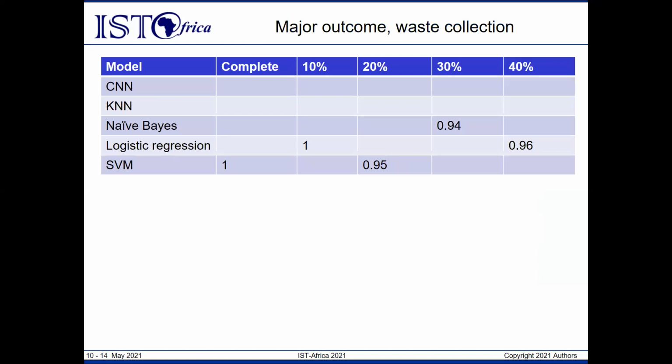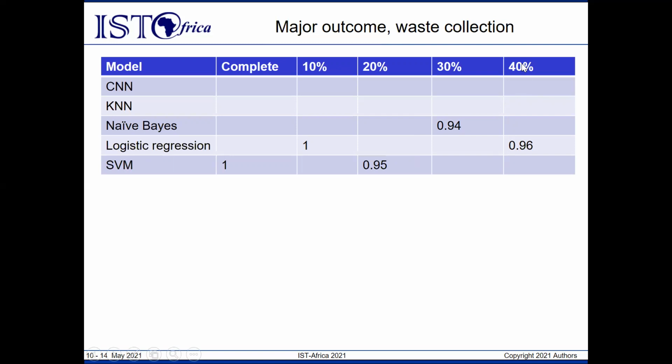So they were all tested, with complete data and to check how each behaves at 10% of missing data, at 20%, at 30%, at 40%. The numbers that you see on the screen are the numbers of the highest performance, highest accuracy.